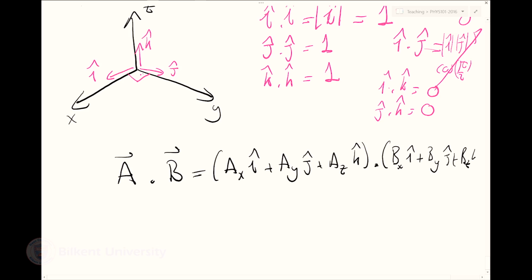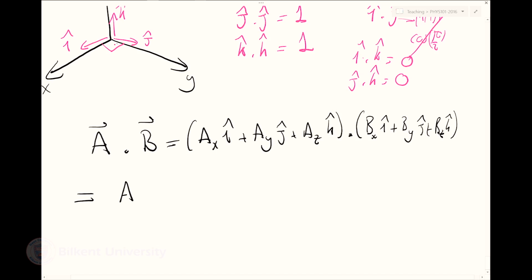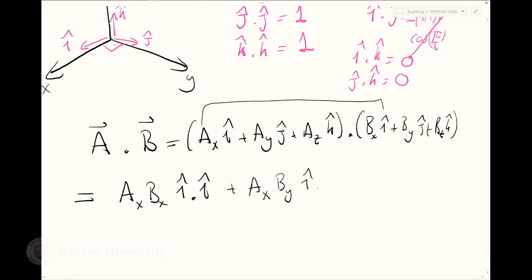Well, there are 9 terms here. The first term is ax times bx, i hat dot i hat. The second term will be ax times by, i hat dot j hat. But that term will be 0. Similarly, I have i hat dot k hat here. It's going to be 0 again.